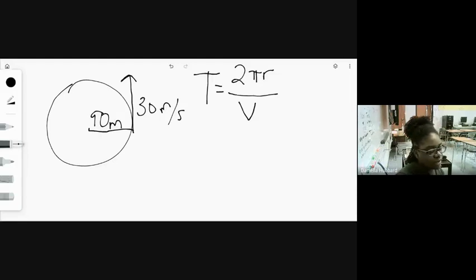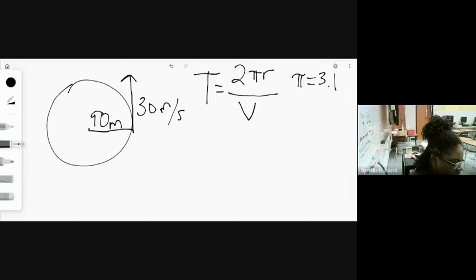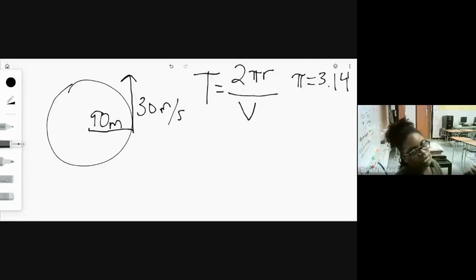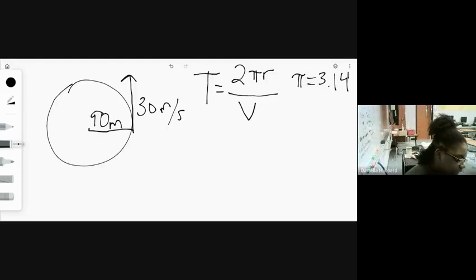However, if all you have is just the basic calculator and you don't see the symbol for pi, then just know that pi is also 3.14. Okay, so if you do not have the symbol on your calculator or on your phone calculator, you can use 3.14 in place of pi. So now we're just going to take the information and we're going to plug and chug.